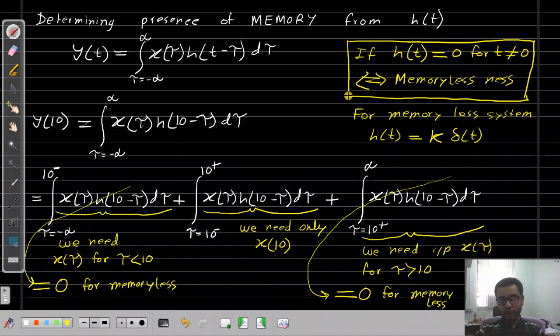So this is the condition. For a memoryless system, the impulse response is an impulse function multiplied by some constant.